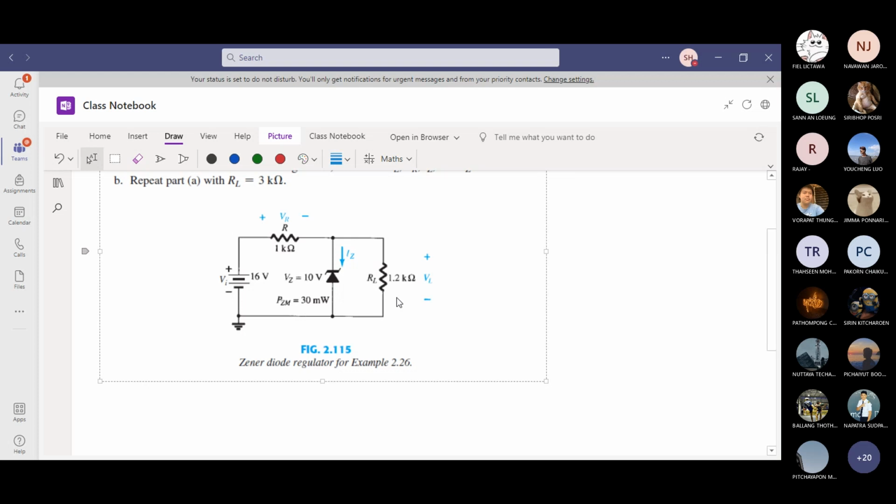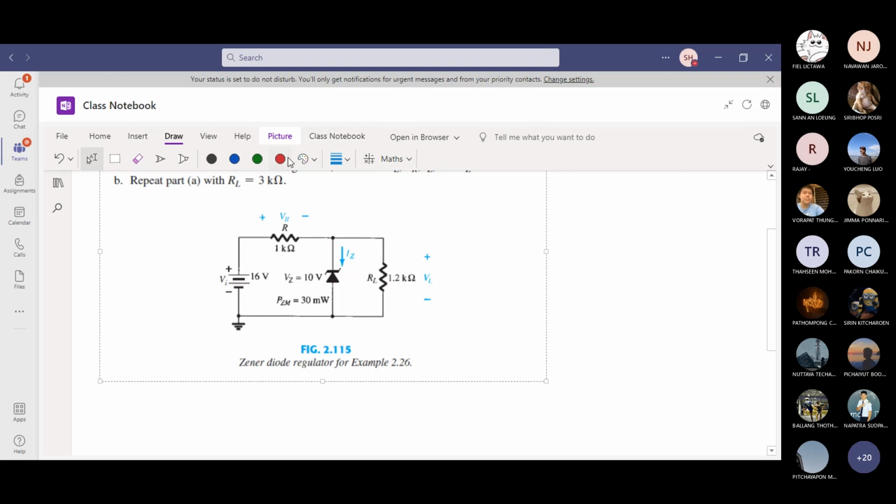First, just look at this circuit. Input voltage 16, input resistor 1 kilo ohm. The VZ rating is 10 volt, which means if the zener is on, it will establish a 10 volt value. The maximum power allowed for this zener is 30 milliwatts. RL is 1.2 kilo ohm. First of all, I'll ask you some questions.